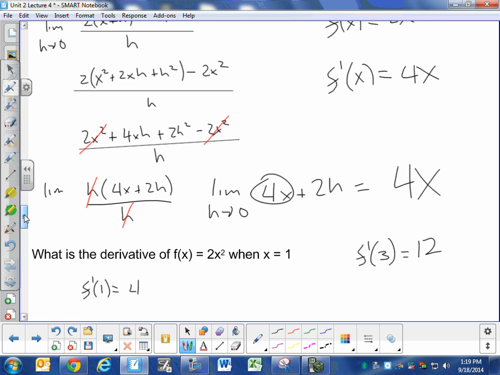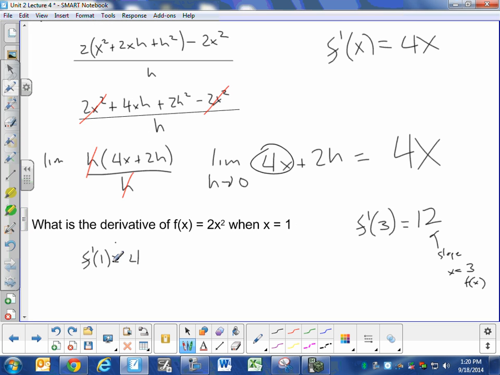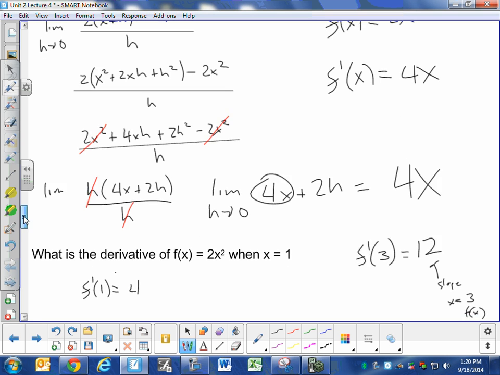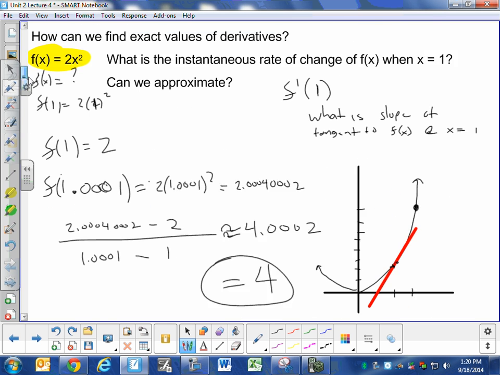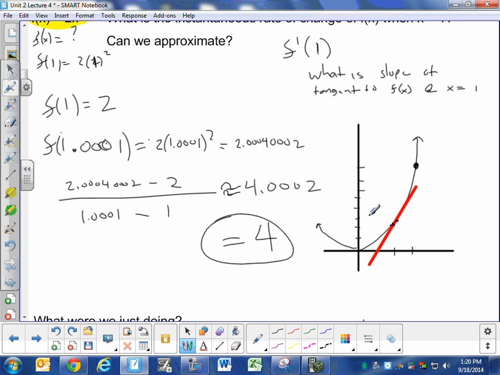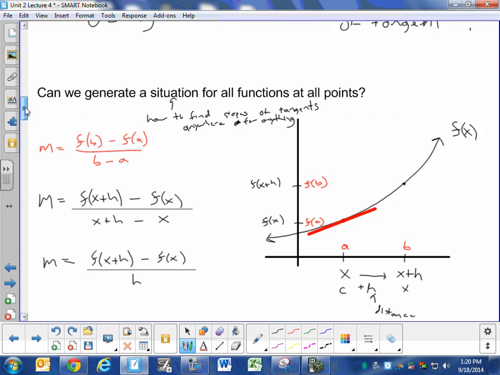This is a slope when x is 3 for f of x. Okay, good. So my derivative at 1 is 4. That means the slope of this tangent line that we were looking at the beginning was 4. We were correct in our estimation and our guess.